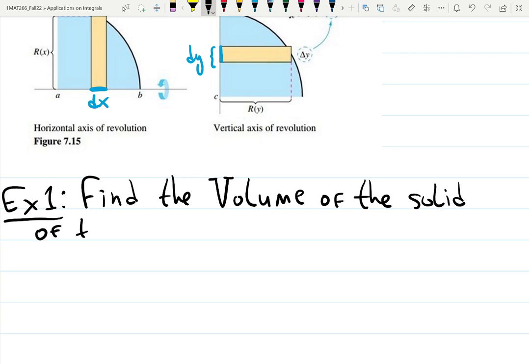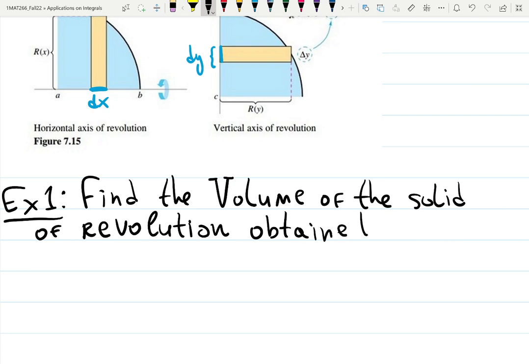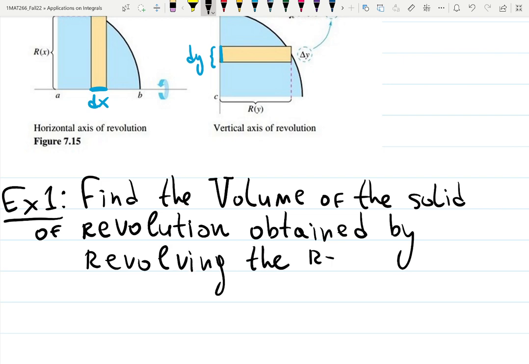of revolution. Revolution is not the revolution of a country. It's revolution by revolving. Just letting you know. Obtained by revolving the 2D region, nobody says 2D, just region, and now it's bounded by.